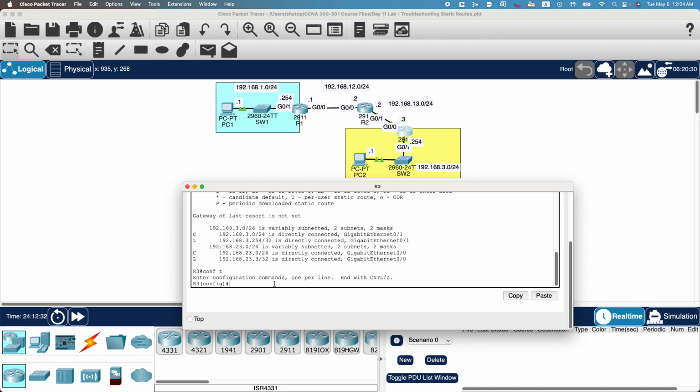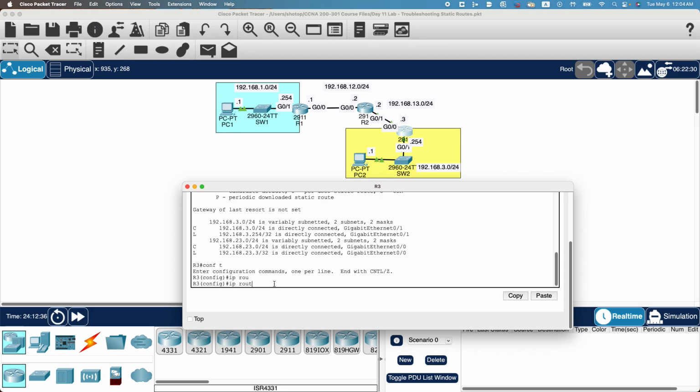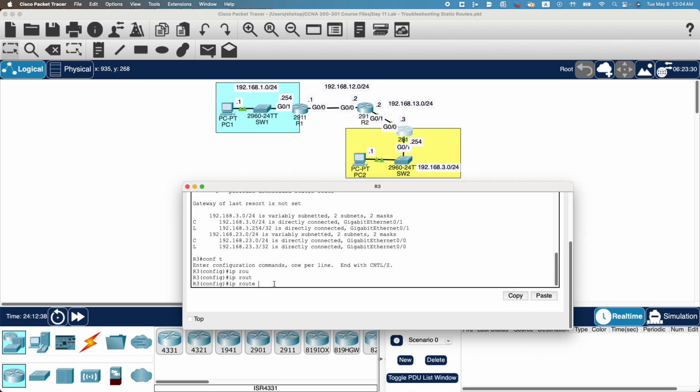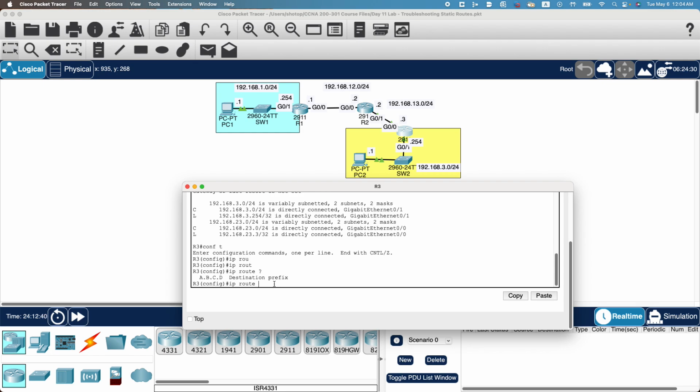So we've got to go conf t, ip route, question mark, destination prefix. We've got to remember that this is the destination.